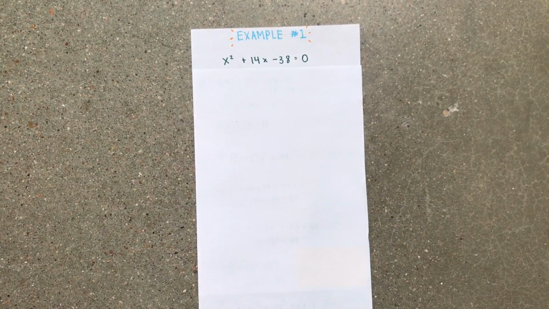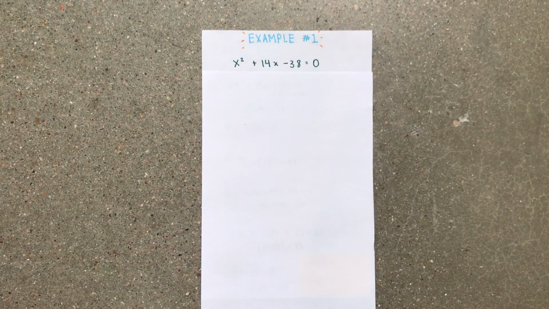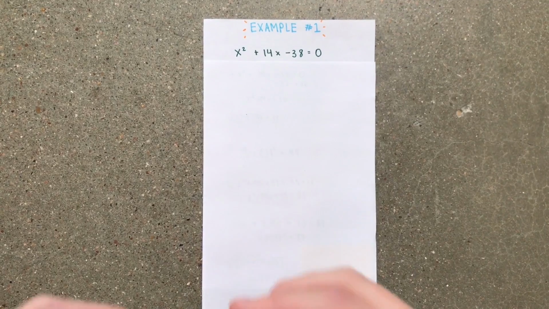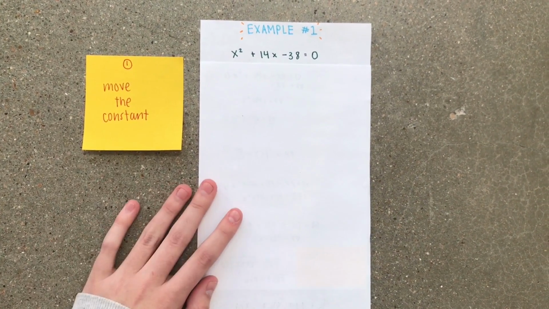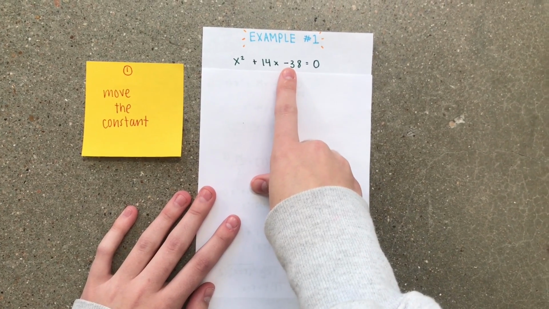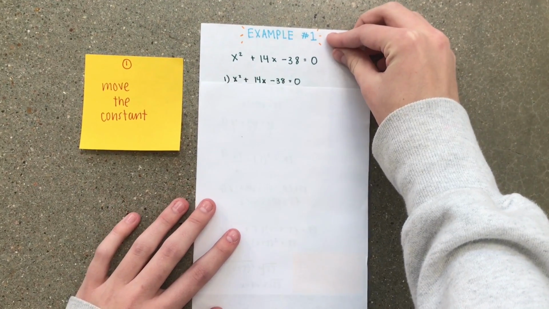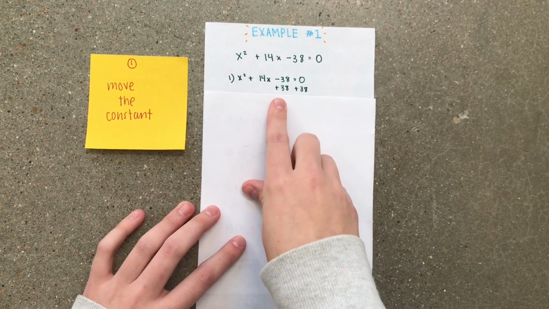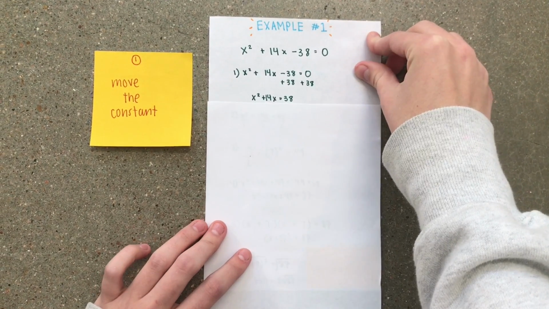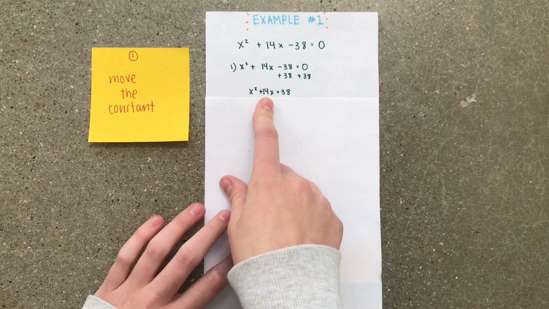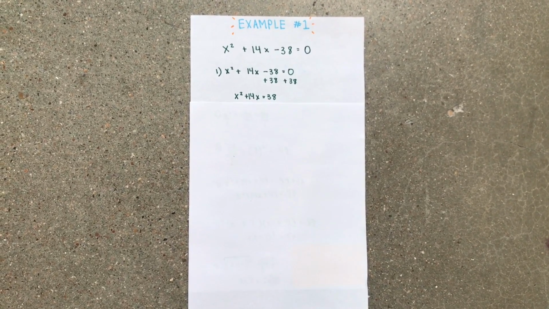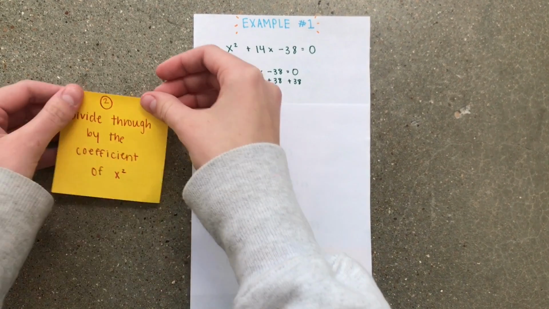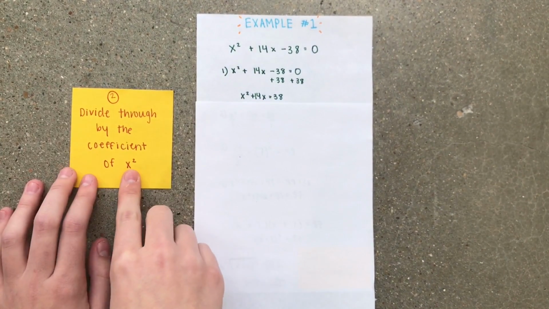There are strict steps in completing the square. The first step is going to be to move the constant. Then we get to step 2, which is to divide by the coefficient of x squared.